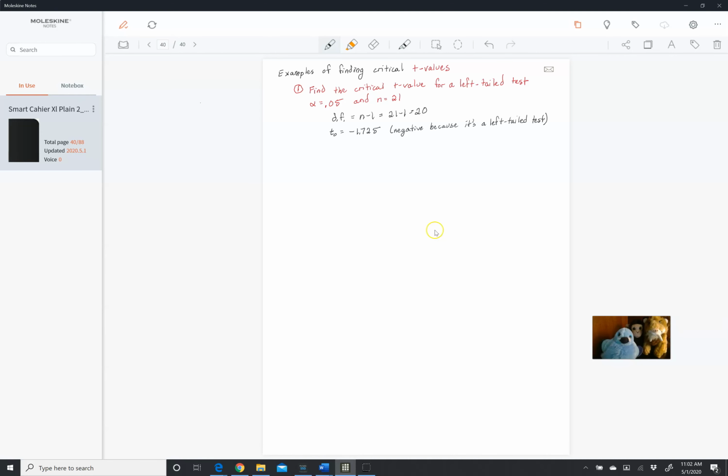Okay, let's find a critical value for a right tail test. Again, we're dealing with t values because we don't know the population standard deviation, just like in confidence intervals.